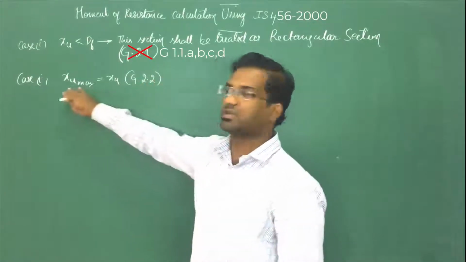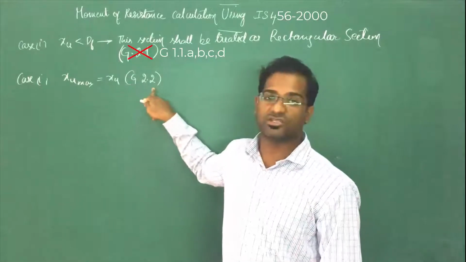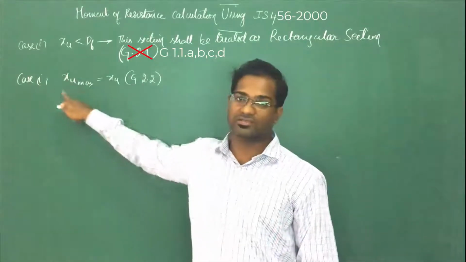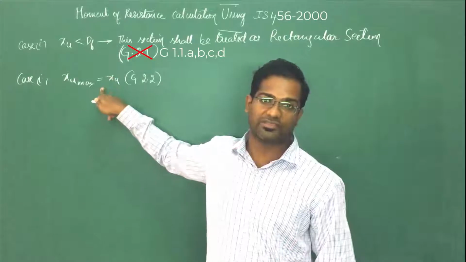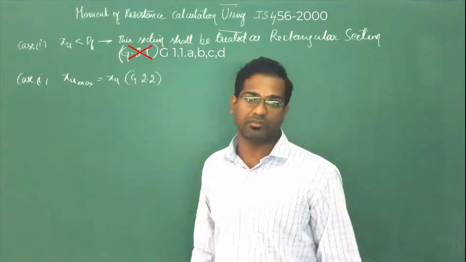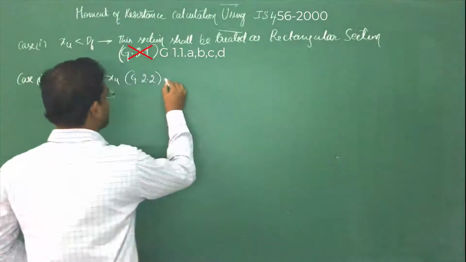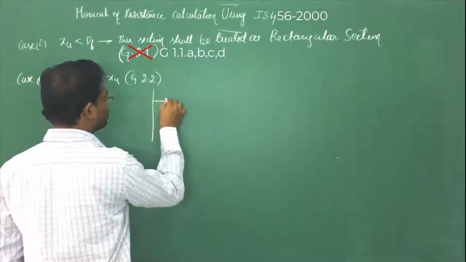G2.2 refers to it as a balanced section, because if you take a look at the equation in G2.2, Xu max is there. Whenever you have Xu max, it refers that you are calculating the limiting moment of resistance, and the equations for this are divided into two types.